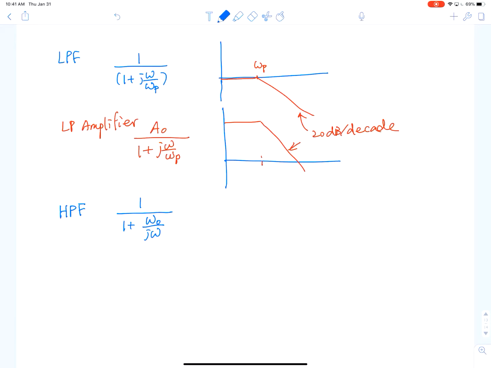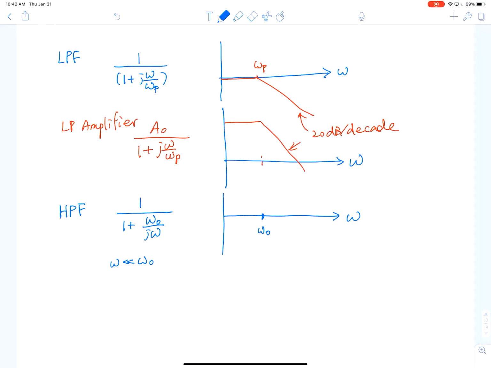Well, what is it? Whenever you are in doubt, just do a quick asymptotic analysis. When omega is much smaller than omega 0, the omega 0 term is dominant.